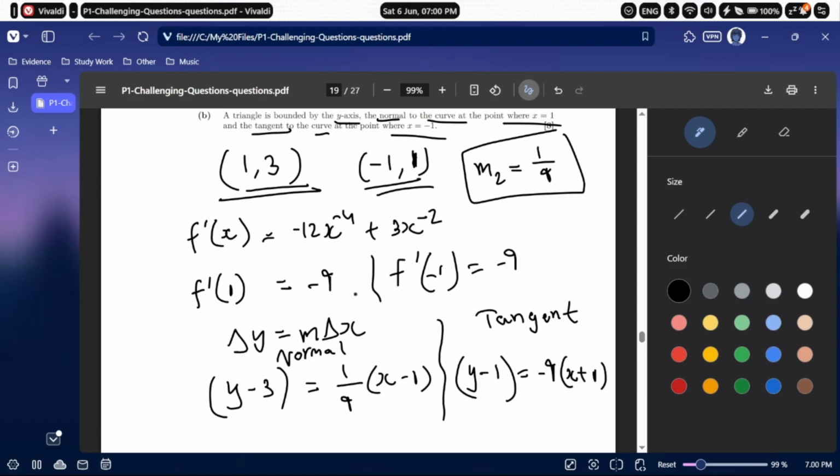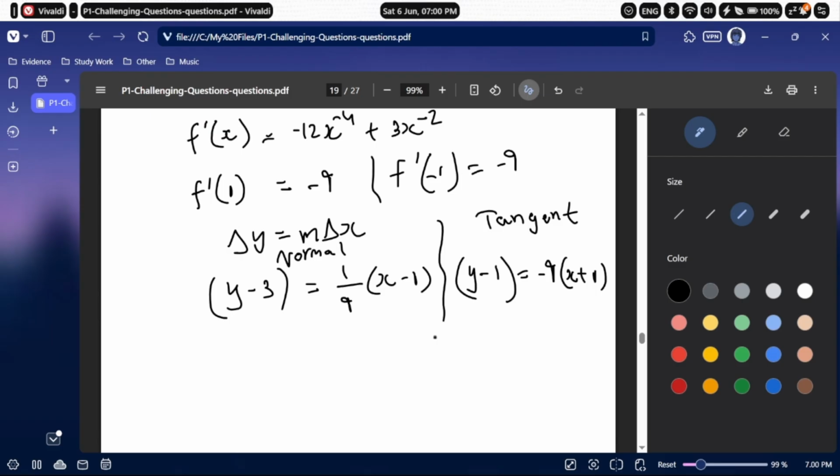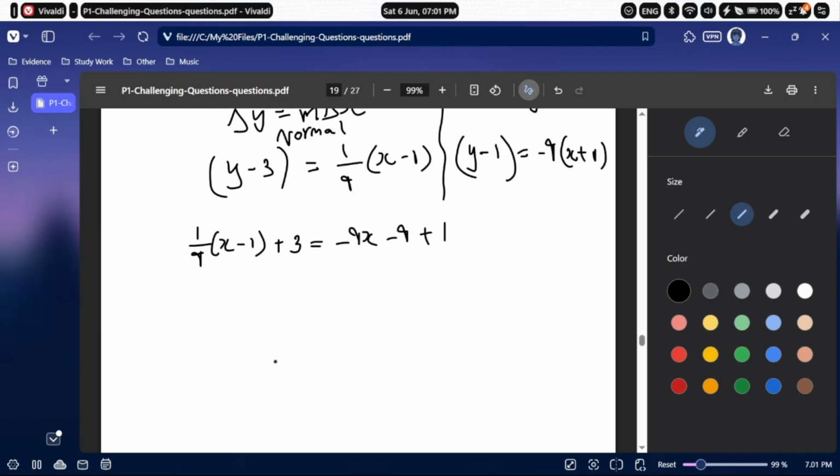Now you can find out the intersection between them by equating them. That's pretty easy. So let me do that first. And yeah, it's pretty easy now. You just solve it. Let me just use my calci.